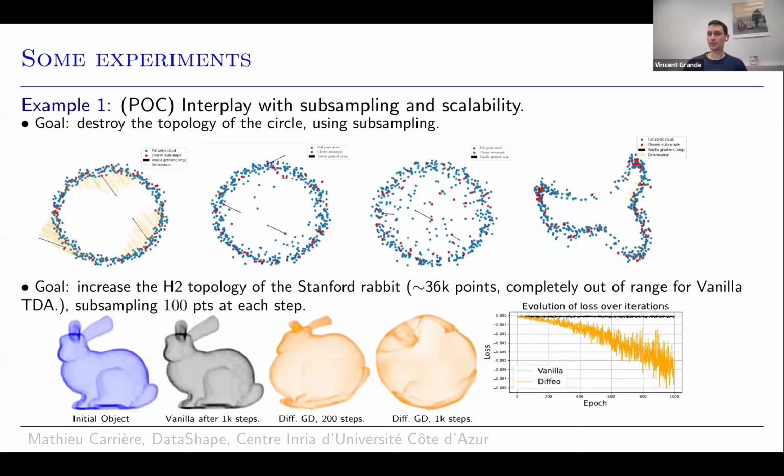Do you have any intuition of whether this would converge to something? In your examples, the bunny just got blown up, and you can see that there's one ideal shape. But do you think this will always converge? It could be that we'll just end up in chaos. That's a very good question. Actually, we've tried to match some conditions under which vanilla topological optimization is known to converge.